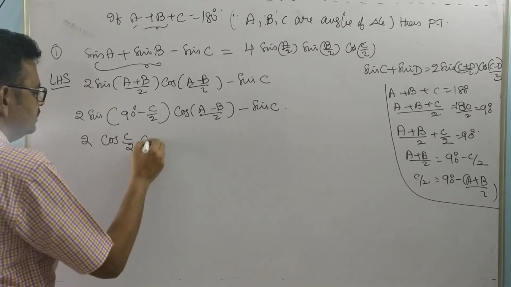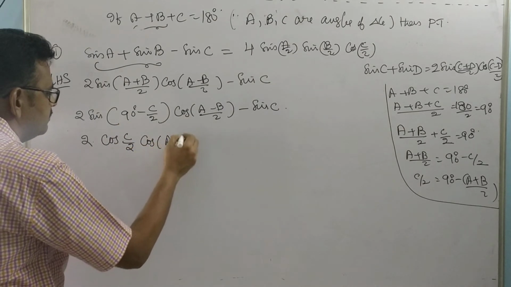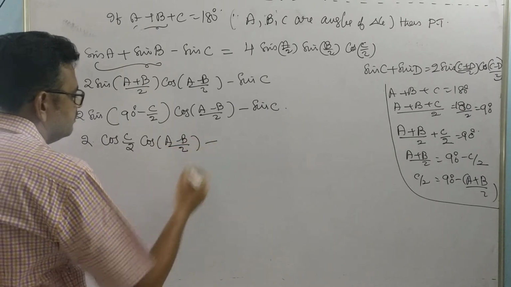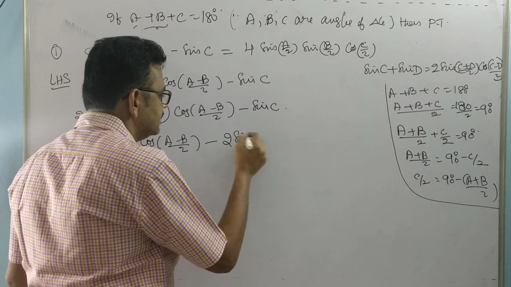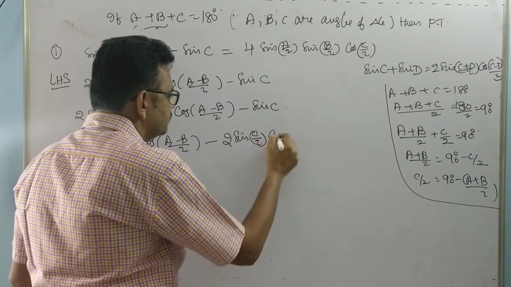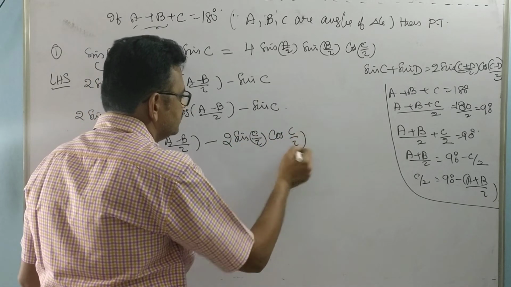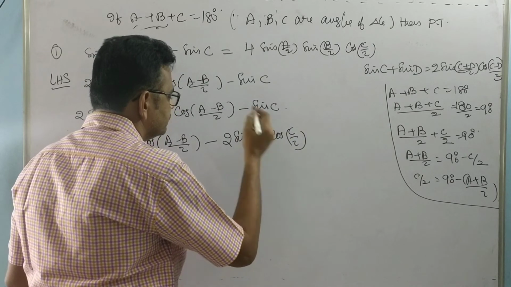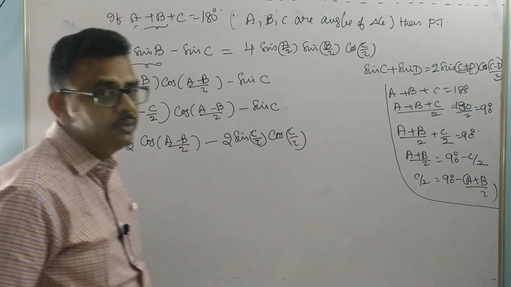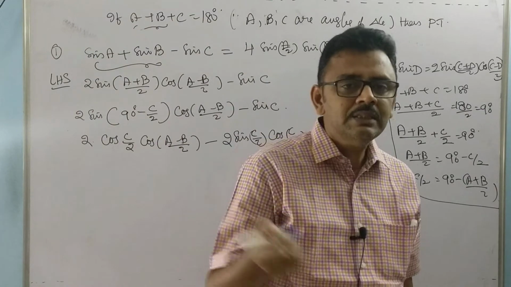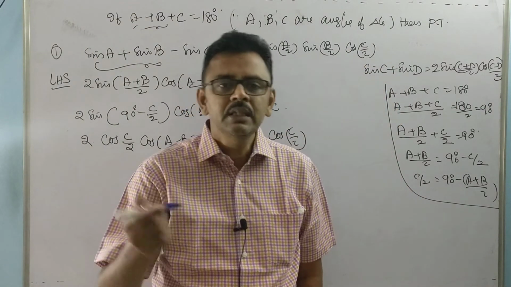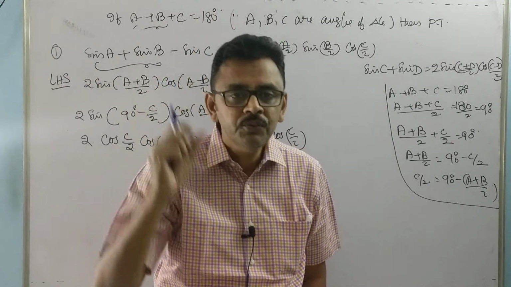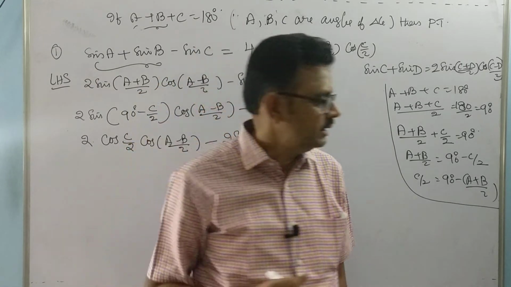And this is cos of A minus B by 2 minus, what is the formula of sin C? 2 sin C by 2 into cos C by 2. Just like sin 2A form is 2 sin A cos A, sin A form is 2 sin A by 2 cos A by 2, and sin A by 2 form is 2 sin A by 4 cos A by 4, like this.